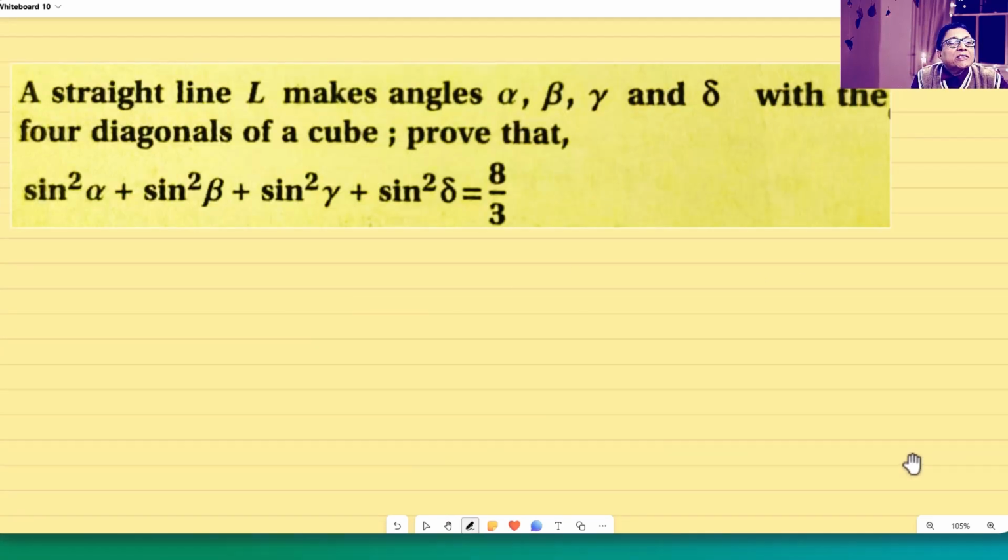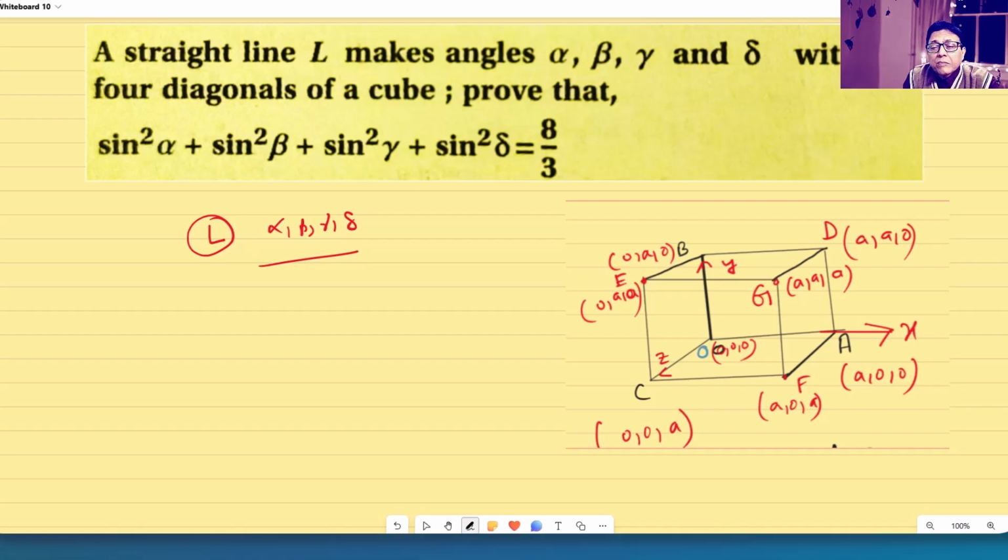Let us solve one similar question. A straight line L makes angles alpha, beta, gamma, delta with the 4 diagonals of a cube. Then prove that sine square alpha plus sine square beta plus sine square gamma plus sine square delta equals something. Only a cube is given, no? So we can easily refer to the previous one. So the same diagram I am going to consider here. Diagonals I already mentioned. OG is one diagonal, BF, AE, and DC.